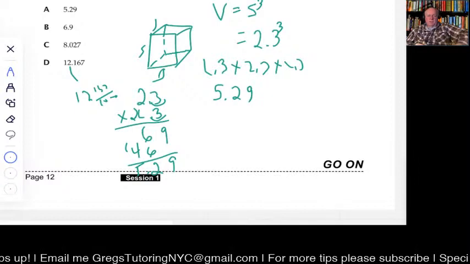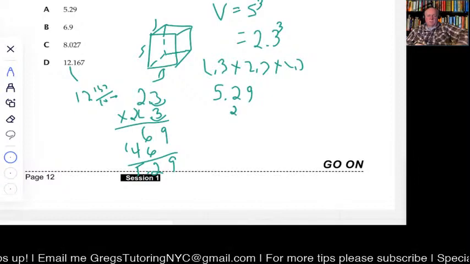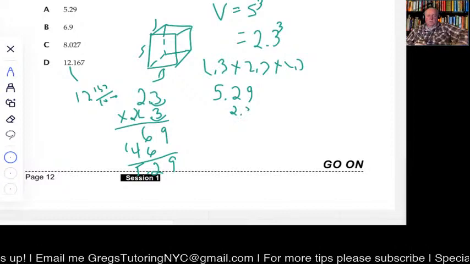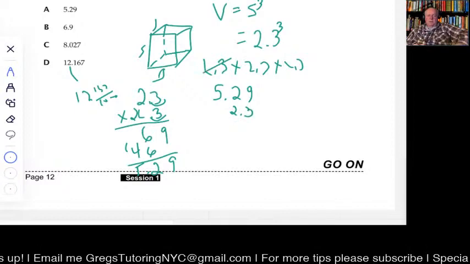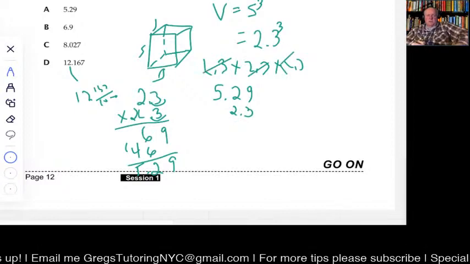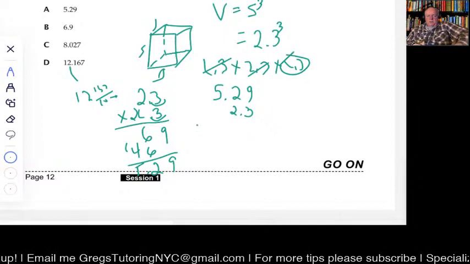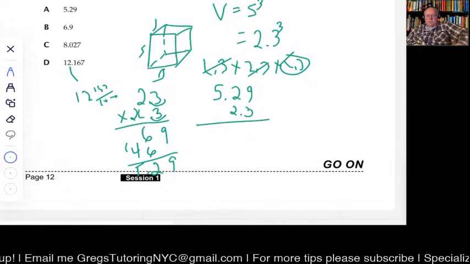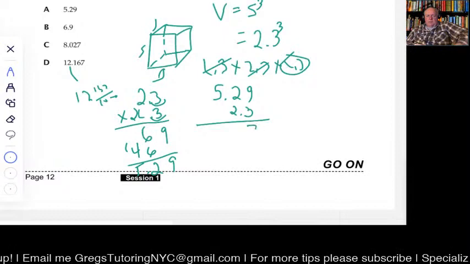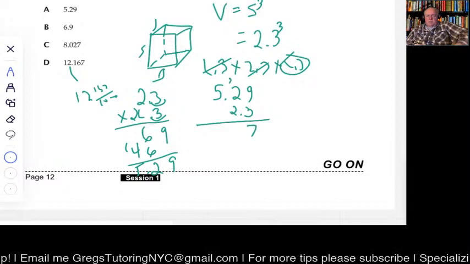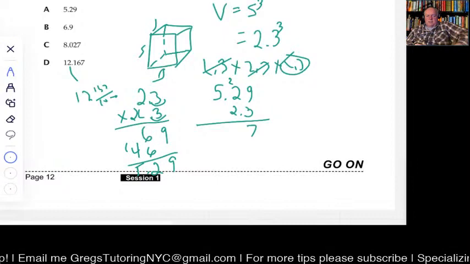And then you're going to multiply that by 2.3. Right? We got rid of that one, and we still have this one left. All right? So 9 times 3 is 27. Carry our 2. 3 times 2 is 6, plus 2 is 8.